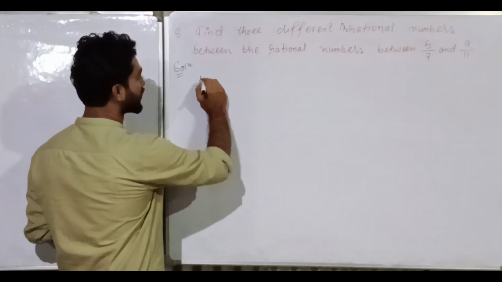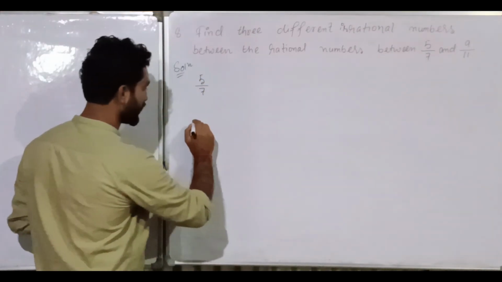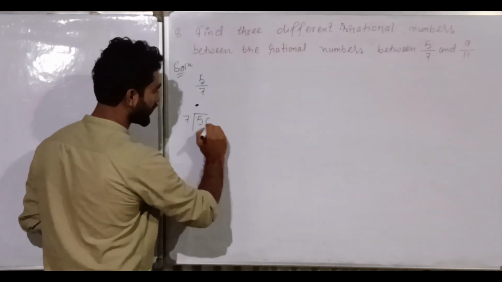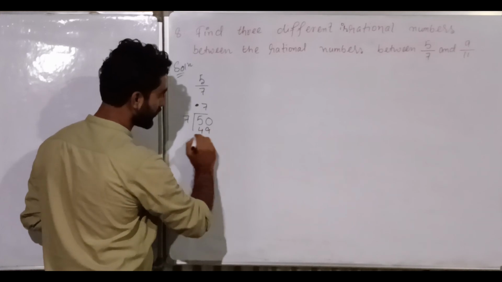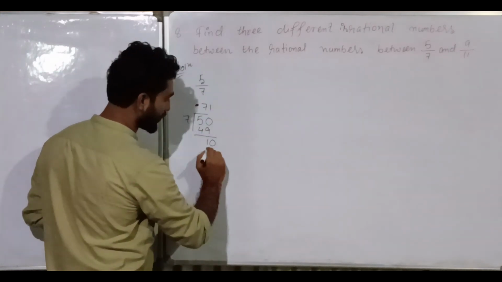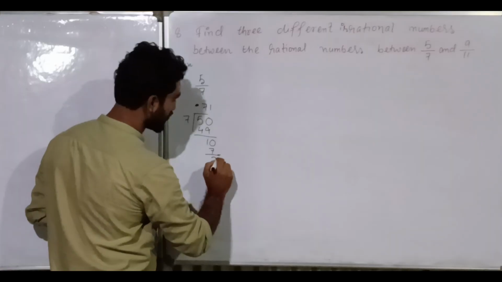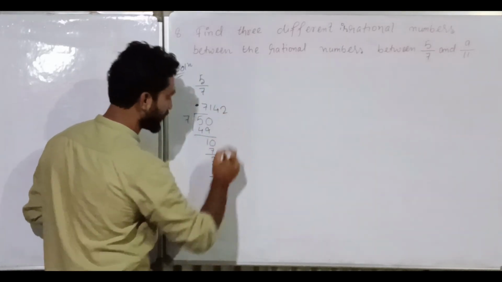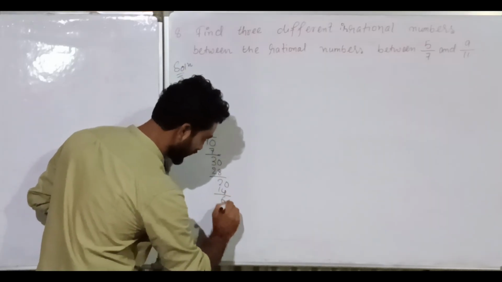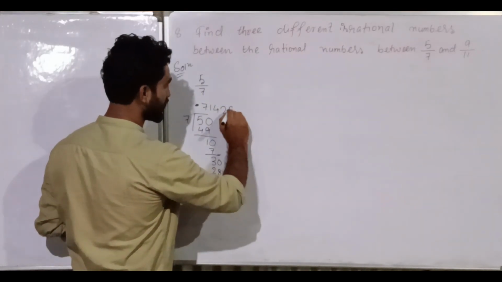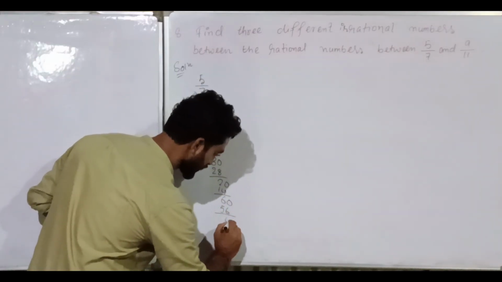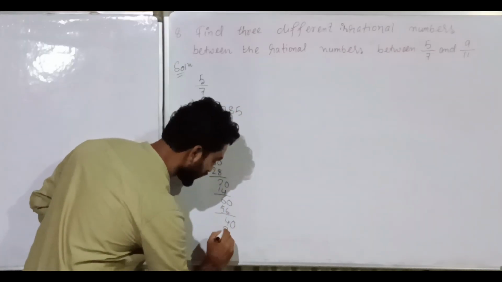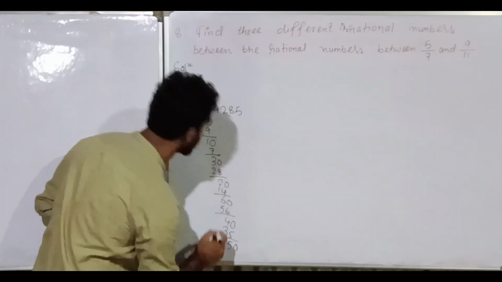So first divide these two rational numbers. 5 by 7. So decimal point 0. 7 sevens are 49, 1 0. 7 ones are 7, 3 0. 4 sevens are 28, 2 0. 7 twos are 14, 6 0. 7 eights are 56, 4 0. 7 fives are 35, 5 0.